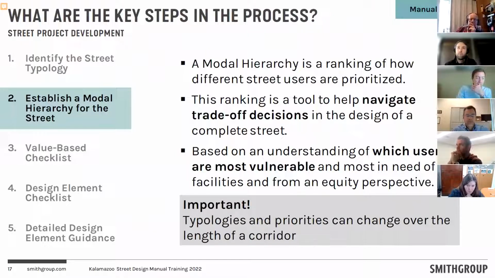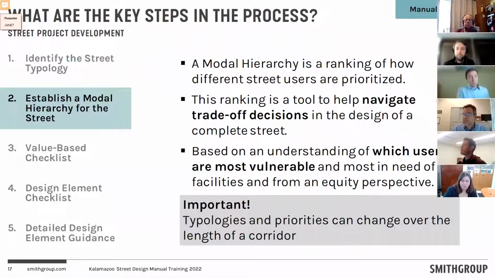Or should we maybe be widening the sidewalks? Or is it important that we really accommodate trucks on the street or transit, and make sure that has a high level of accommodation? There's always this series of trade-offs.